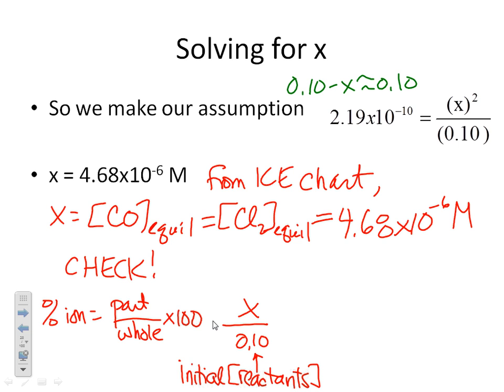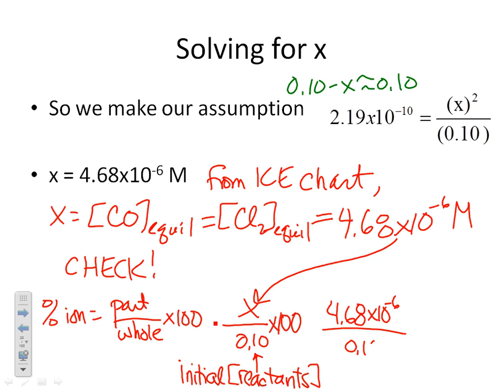So x over 0.1 and then times 100, because this is percent. We have the x value that we solved for right there. So this is 4.68 times 10 to the minus 6 divided by 0.1 times 100. When we do this math, if this winds up being less than 5%, then we do know that x is truly negligible when compared with the amount that we started, and that assumption is acceptable.